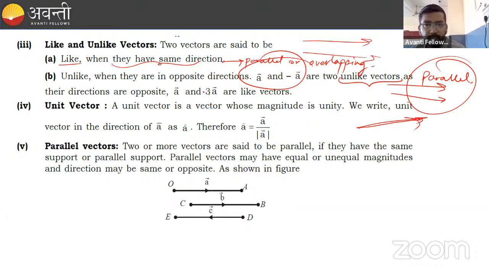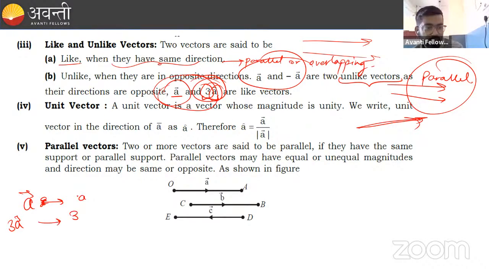A bar and 3 A bar are like vectors. In A bar and 3 A bar, the 3 is multiplied, so only the magnitude has been changed to 3 times, but the direction will always remain. If you want to differentiate A bar and 3 A bar, A bar has a magnitude a, let's say, and 3 A bar has magnitude 3a.